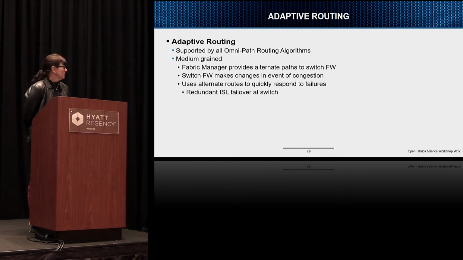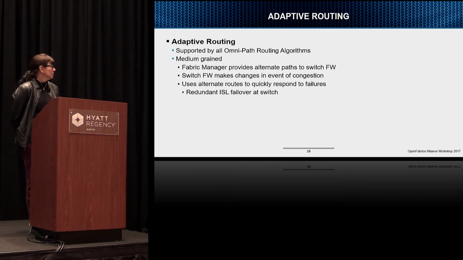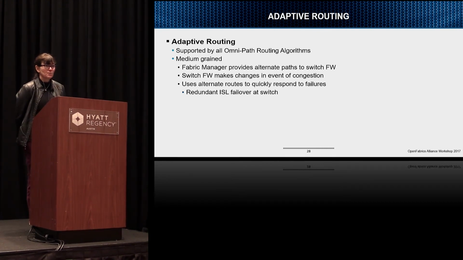Omni-Path has a feature called adaptive routing. It's supported in all of our routing algorithms. What it does is the fabric manager will supply a list of alternate routes for all LIDs in the fabric, and the switch firmware will adjust routes as needed. So it's medium grain, meaning it's done in the switch, not the hardware. The switch will monitor for congestion, and in the event of congestion, it will route around using different packets, different paths.